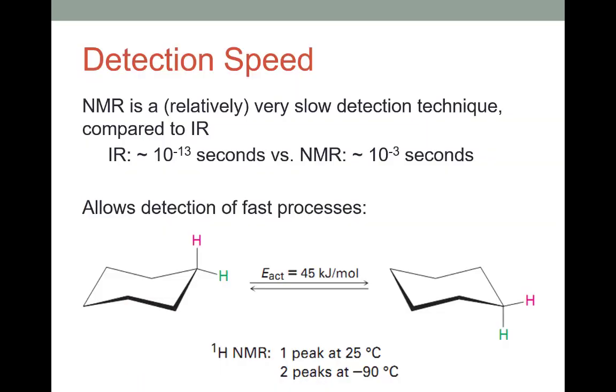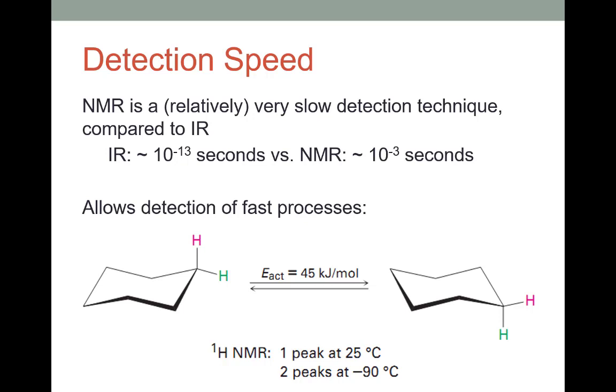As a technique, NMR is relatively slow. So just as a mention here, if we're talking about normal NMR happening at normal temperatures, we're not going to be able to detect things like chair flips of a cycloalkane.